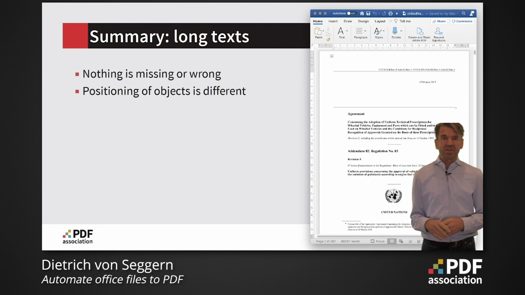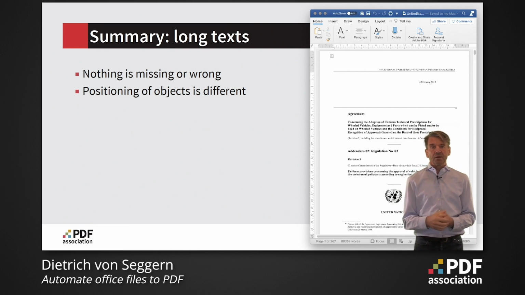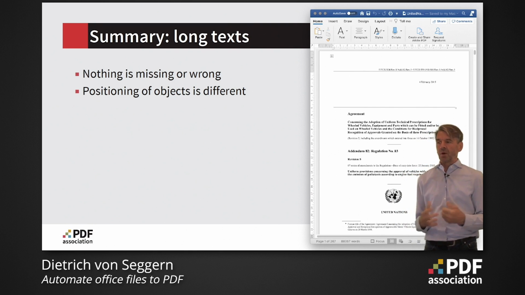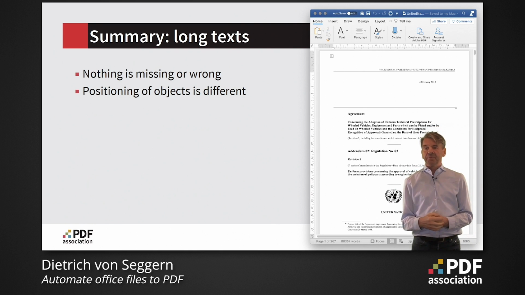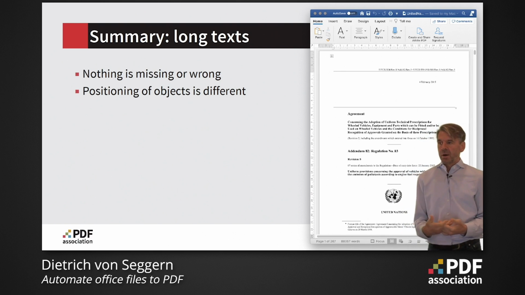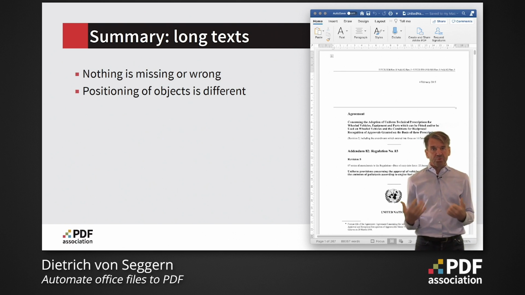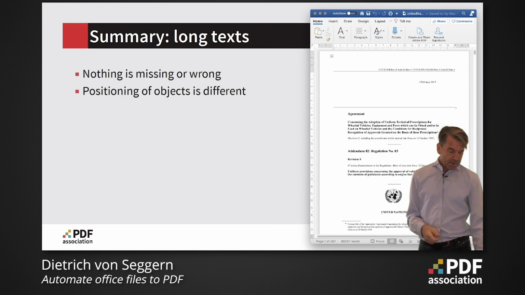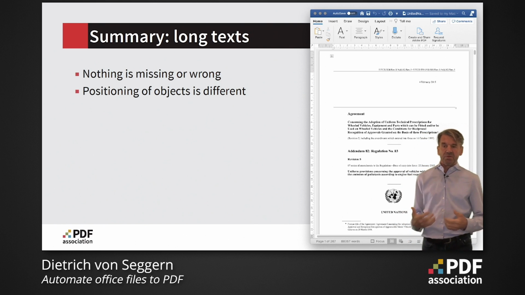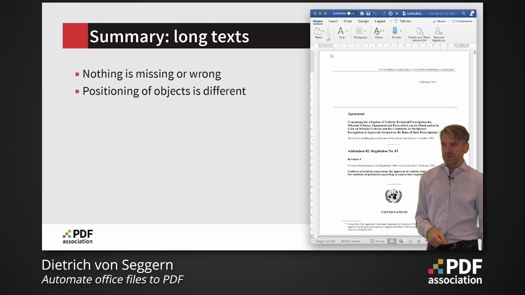Content in general is there, so you won't experience missing text or missing objects at all, and nothing is really wrong. However, in positioning of objects, there are differences. And that might be the very first takeaway of our brief analysis here.